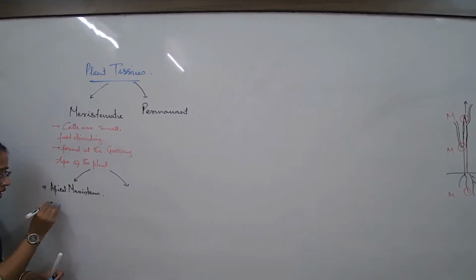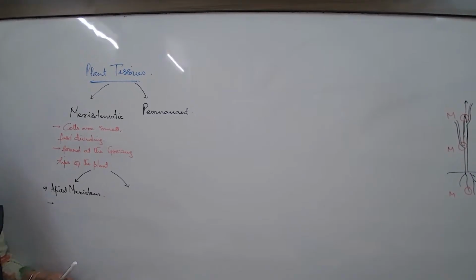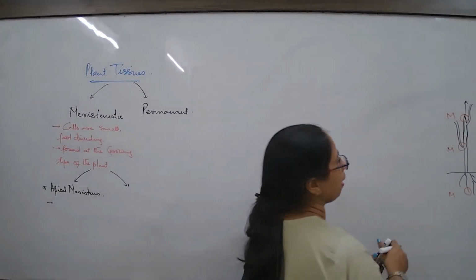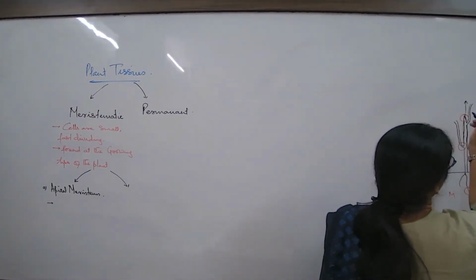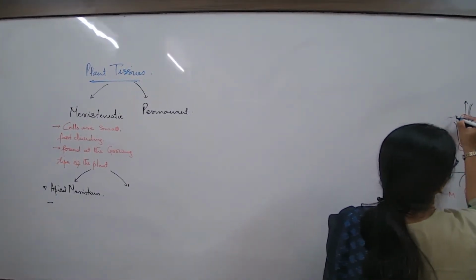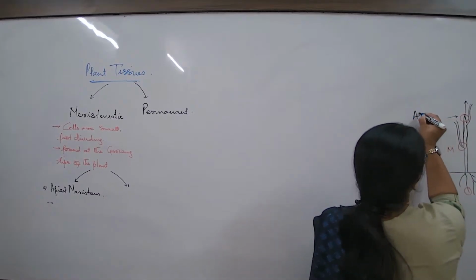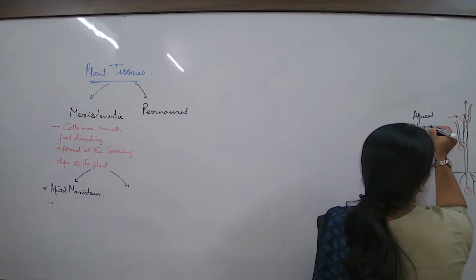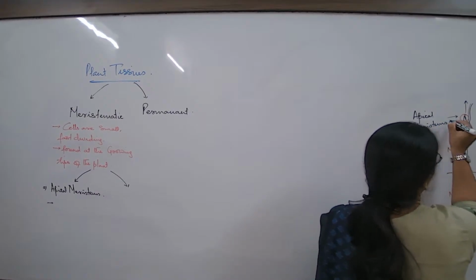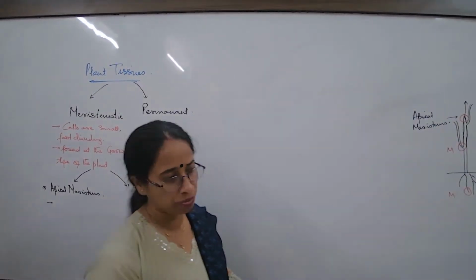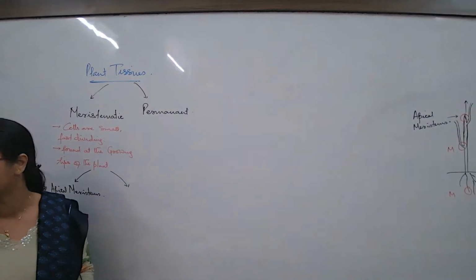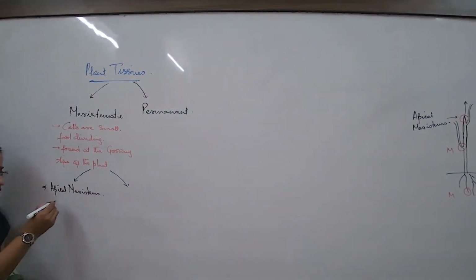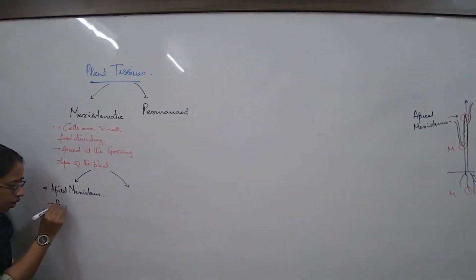Let me talk about the apical meristems. Which one is apical meristem? Typically this is apical meristem. The shoot tip, and the root tip also, are apical meristems. The location of apical meristems is what?